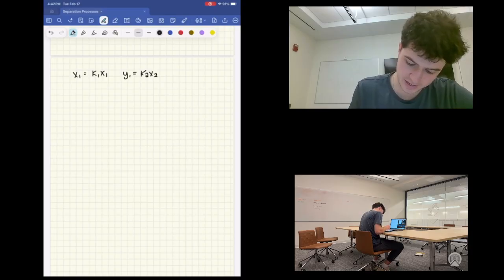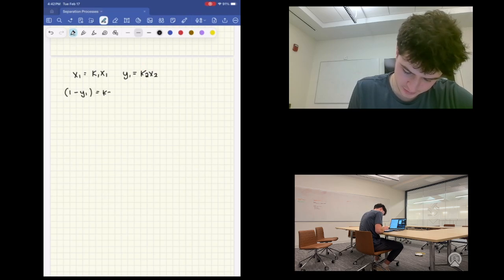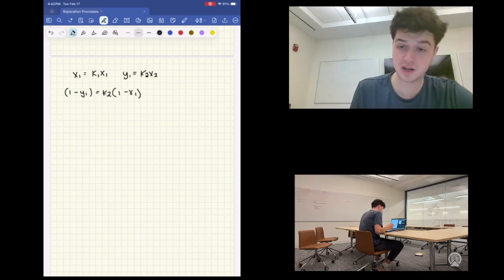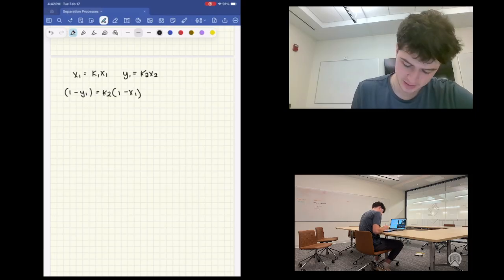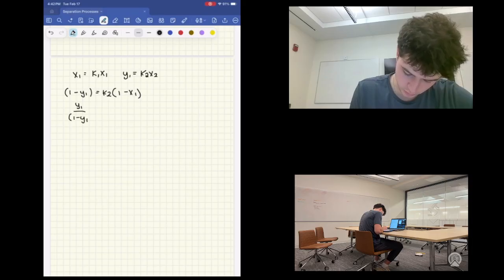So from these equations, we will have the equation 1 minus y1 equals k2 times 1 minus x1. From here, we will do some dividing, in which we will get y1 over 1 minus y1 equals k2 over k1 times x1 over 1 minus x1.